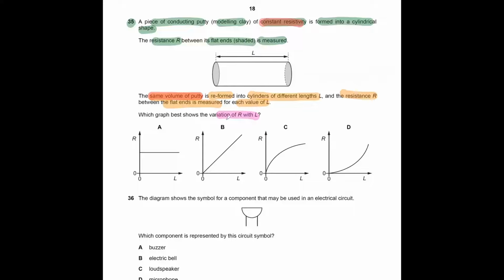So here they want you to find out the variation of R with L. Since you're talking about R and L, this equation would always be used: R equals rho L over A. Now you cannot use this equation directly as it is, because resistivity is constant, but the thing that is changing would be your L. Your A will also vary.